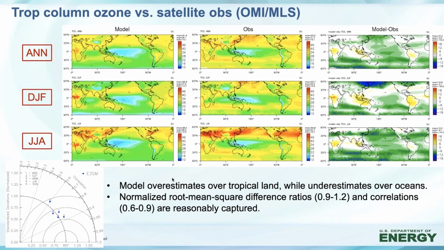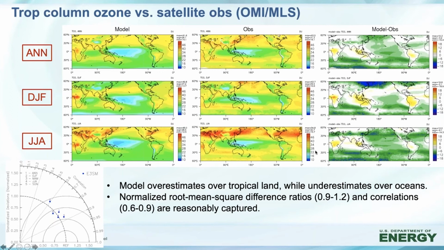And if we put those patterns on the Taylor diagram, the normalized root mean square differences are very close to 1, and the correlations are also well simulated, except for the DJF, the winter months, because of this low bias.